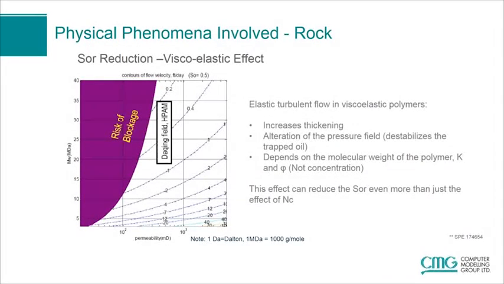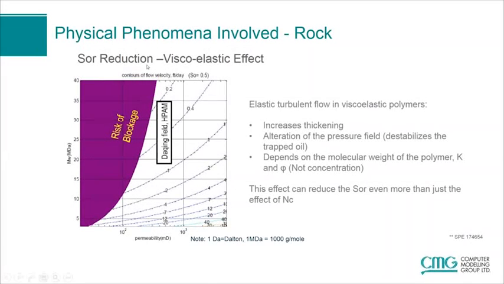So you will get a reduction of SOR with viscoelastic polymers. And it'll depend on the molecular weight of the polymer, the permeability and porosity, but not the concentration of polymer. And that viscoelastic effect can reduce the SOR even more than just the effect of capillary number that we talked about on the previous slide.